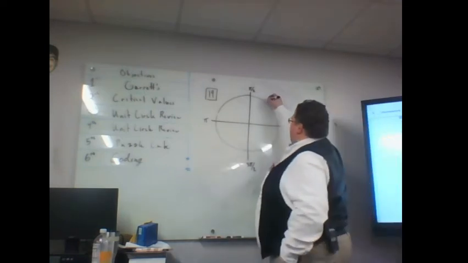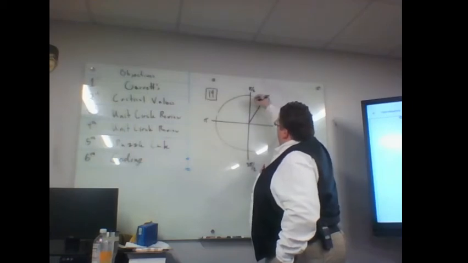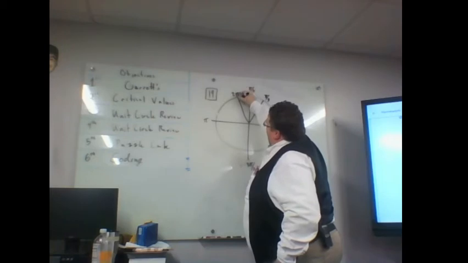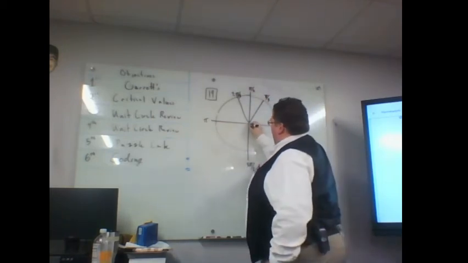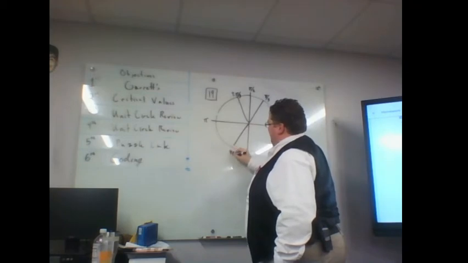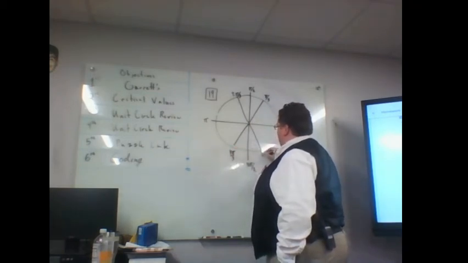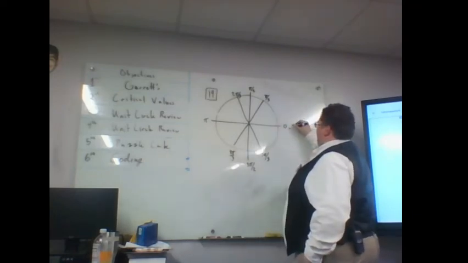So for example, right here is pi over 3. Right here is 2 pi over 3. 3 pi over 3 is, of course, pi. 4 pi over 3 is right here. 5 pi over 3 is right there. 6 pi over 3, well, that's just 2 pi.